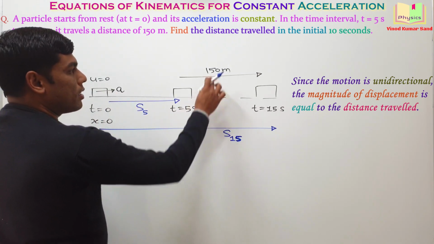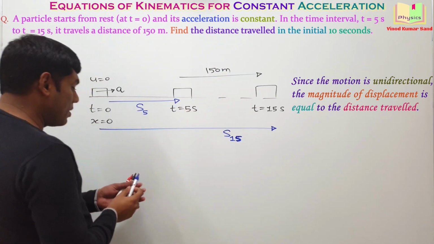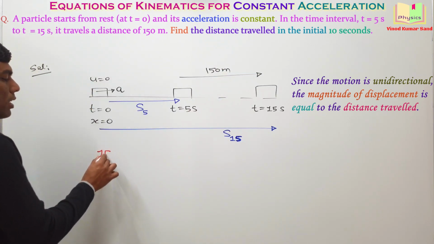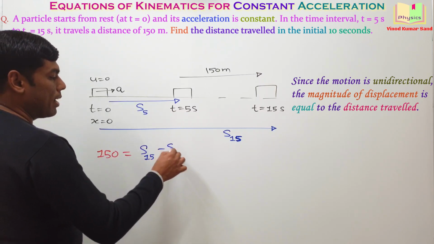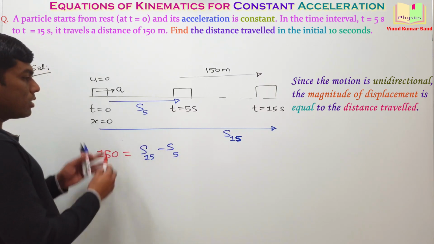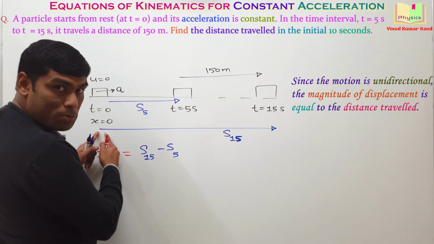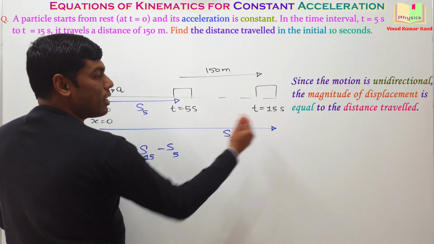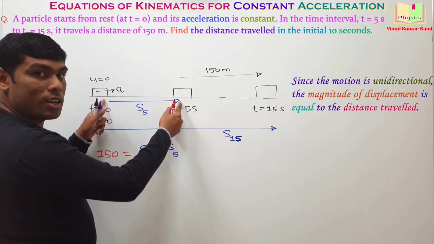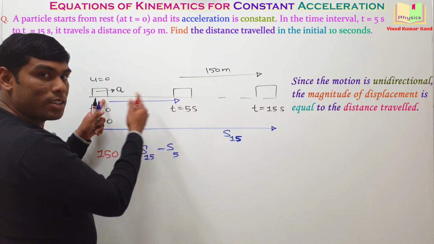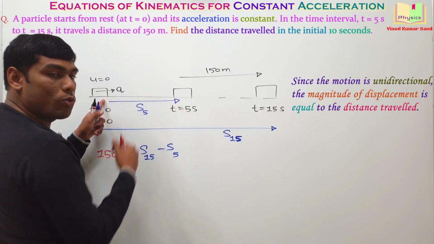Now how can we write that 150 meter? Simple. 150 meter will be actually equal to S15 minus S5. What is S15? The displacement or the distance traveled in the time interval 0 to 15 second, and similarly S5 is the displacement or the distance traveled in the time interval t equal to 0 to 5 second.